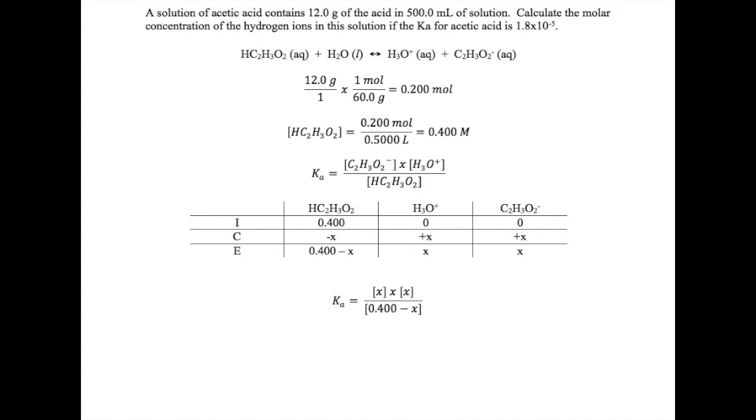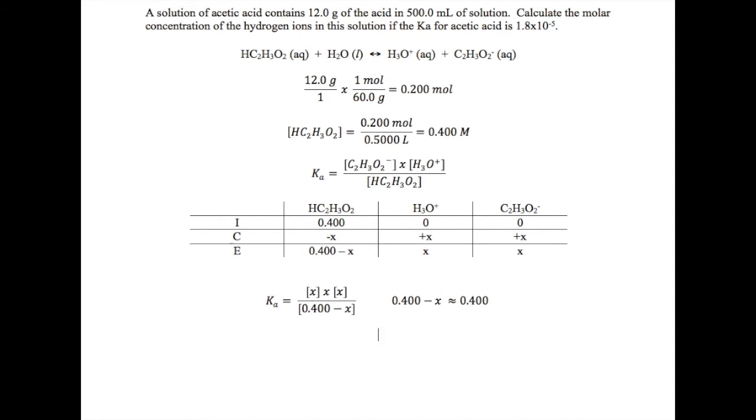Therefore, if we substitute those values into our Ka expression, we see that we have x times x divided by 0.400 minus x. Well, here's where we can do a little trick. 0.400 minus x is actually just about the same as 0.400. That's because this is a weak acid, which only ionizes very, very little.